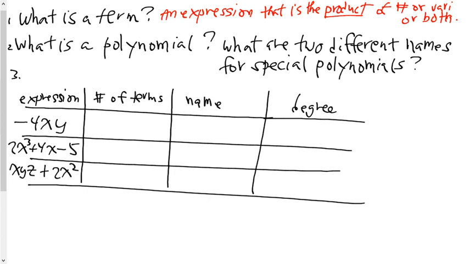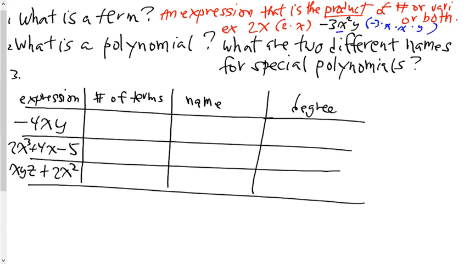So for example, 2x is a great example of a simple term. It is the product of 2 multiplied by x. Let's go negative 3x squared y. There's one term, and it is made up of negative 3 multiplied by x, because x squared is really x times x, multiplied by y.